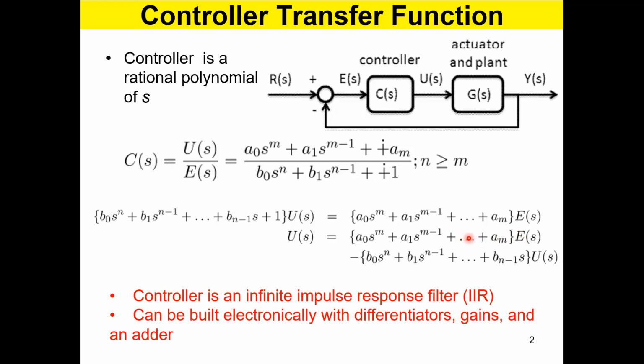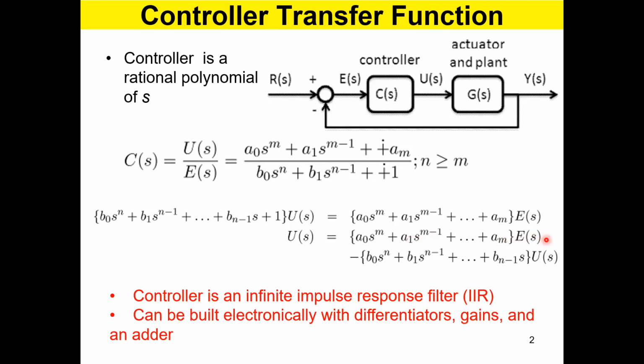If you proceed like that, you will see you have to multiply, differentiate again and multiply again, differentiate and multiply, differentiate, multiply, differentiate. This is the chain process that you need to do if you want to implement this on actual hardware.